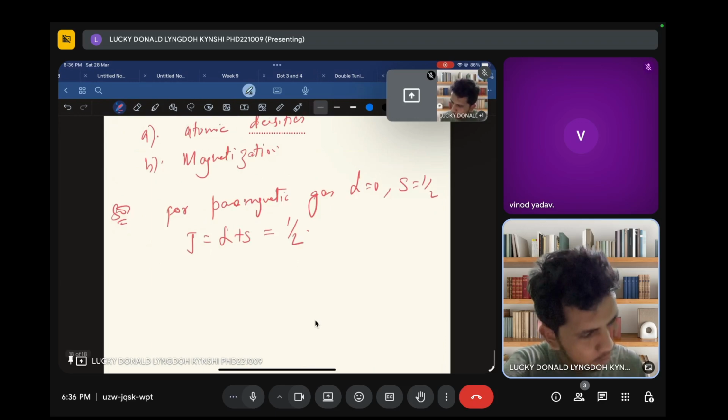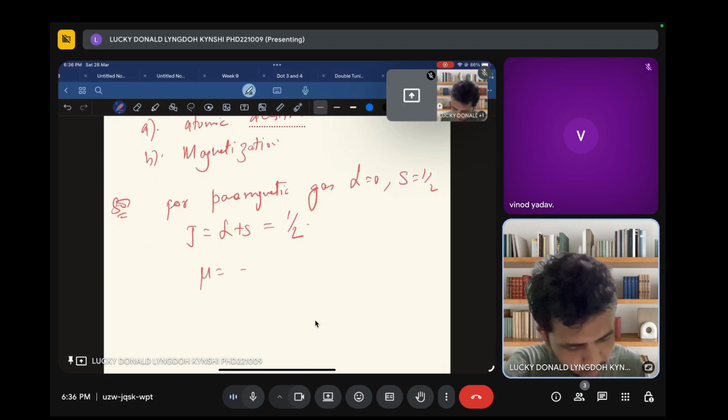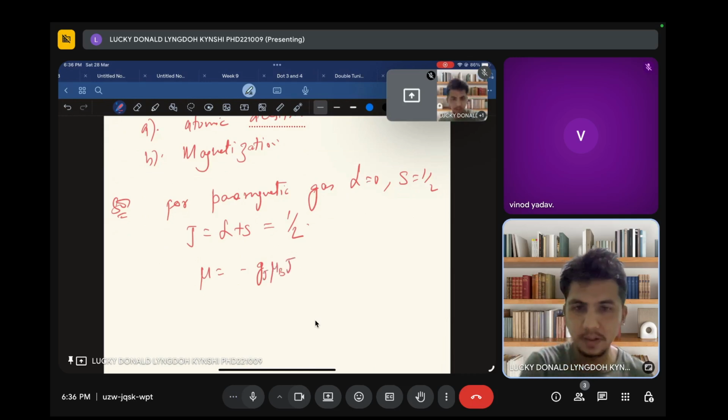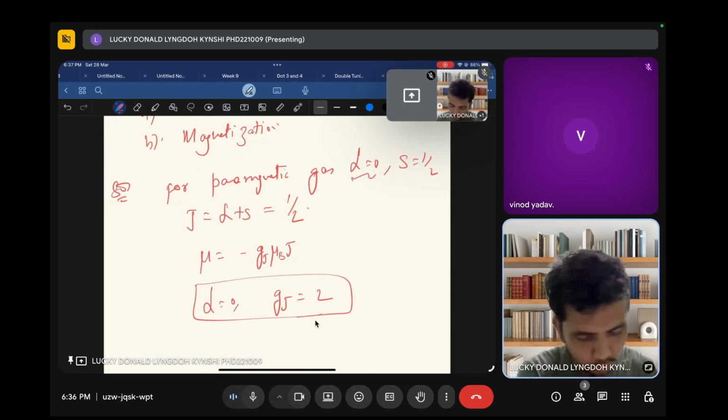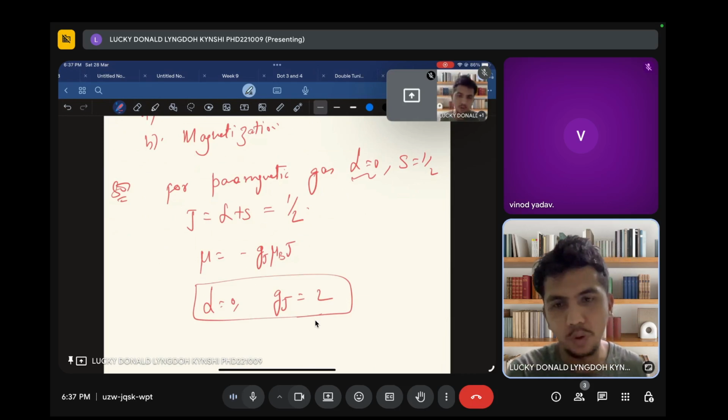And mu is equal to minus g J mu B J. Here gJ is the Lande factor, and since L equal to 0, gJ is the same as for spin. Remember this, since L equal to 0, the equation with 1 plus J into J plus 1 is not required, because it is the same as whatever spin you have. The g factor for spin is equal to 2, so gJ is also equal to 2 since L equal to 0.